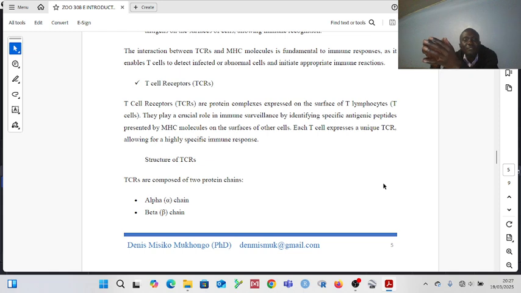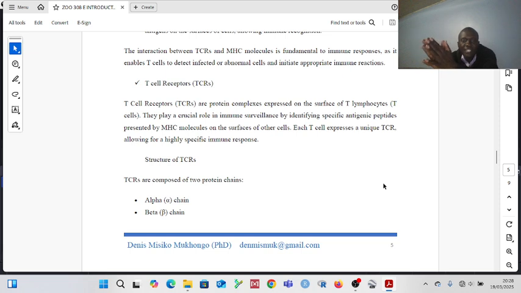The antigens are created by pathogens or any abnormal cell. So the antigens will be what was found inside the cell. Hiyo ndio inachukuliwa, then inakuwa presented on the surface of that cell.